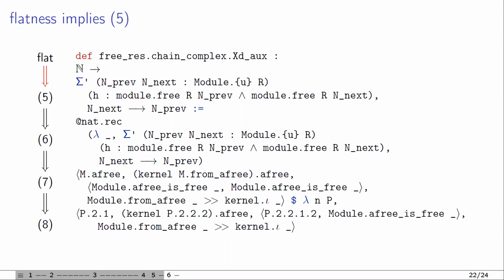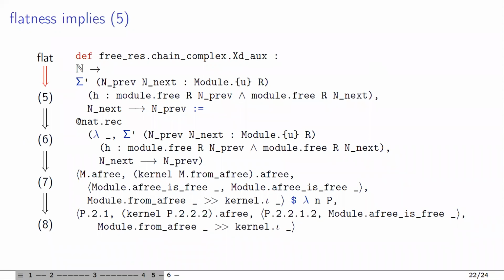They are free by construction, and the zeroth map will be the canonical map from direct sums of R to M, composed with the embedding from the kernel.